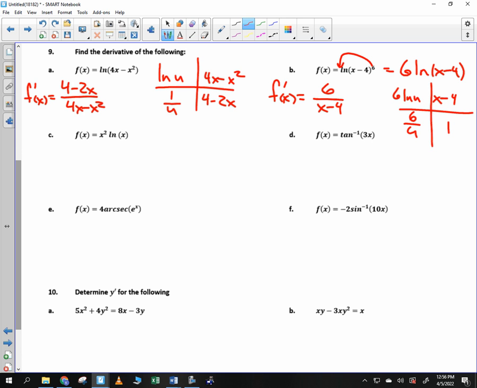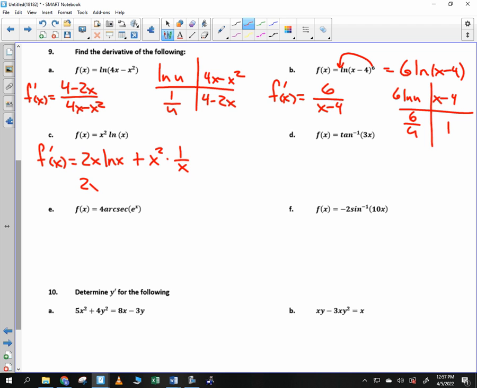Letter C, what do you want to do first? Product. Excellent. So you get 2x times natural log of x. Then what? Plus x squared times. Good.